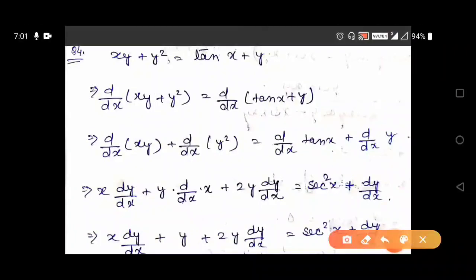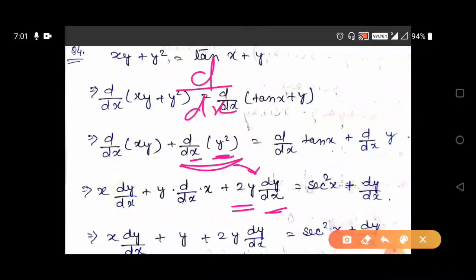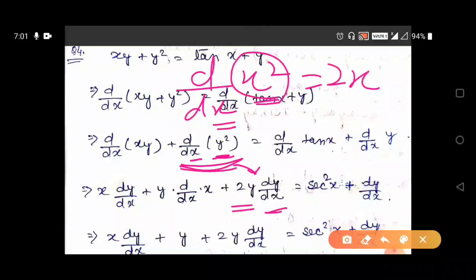So here the important point is, look at this, whenever we are differentiating y with respect to x, we have to use the formula first, then we have to keep dy by dx. Since d dx of x square is 2x, because here we are differentiating x with respect to x, but in our question we are differentiating y with respect to x.